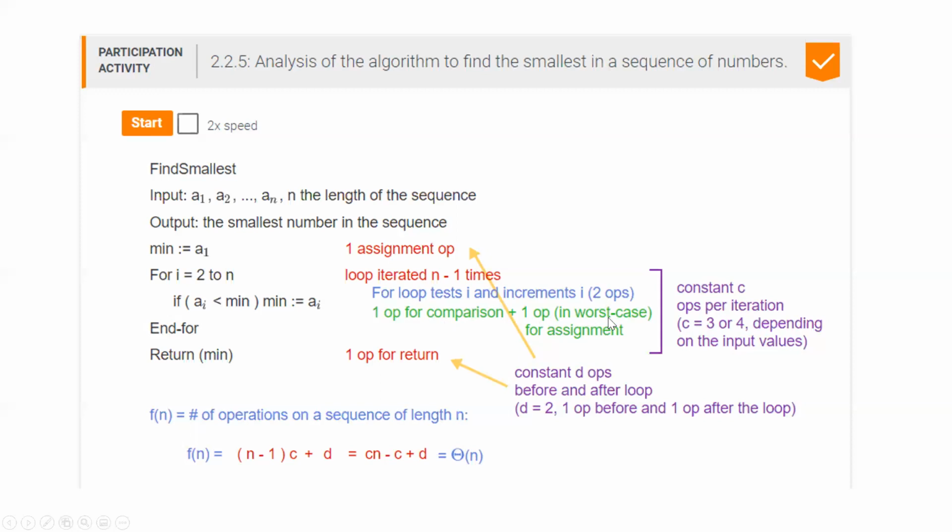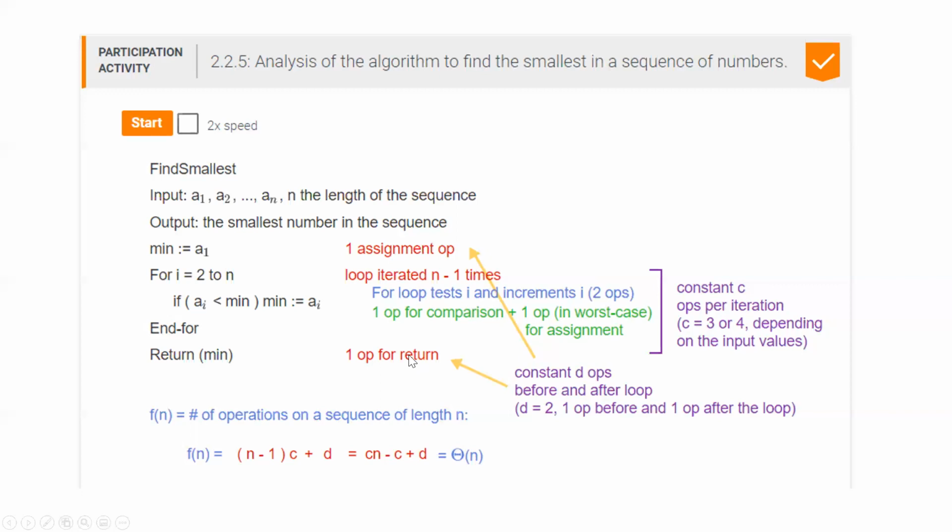They say all together, the 2 plus this and then possibly this means that it's either 3 or 4 when we add these up, depending on the input values. Now, what we care about is the maximum number. So we would think of the worst case scenario and go with the 4, right? And then here one operation for the return. So that would be it.